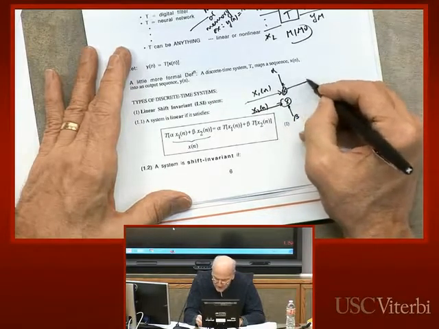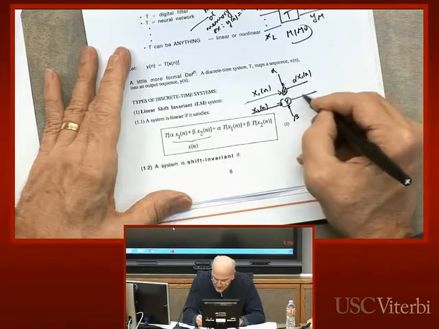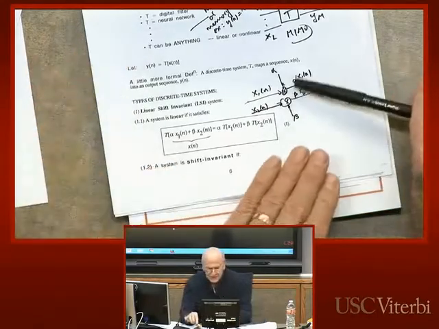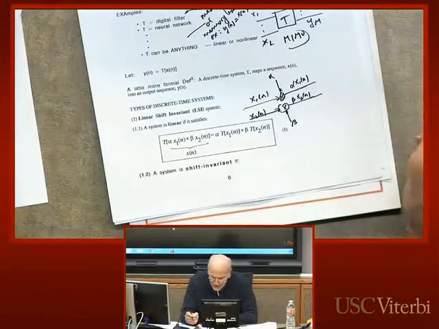So what comes out here is alpha x1 of n, and what comes out here is beta x2 of n. That's the little circle with a cross, my notation for multiply.